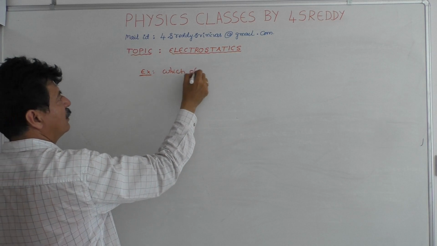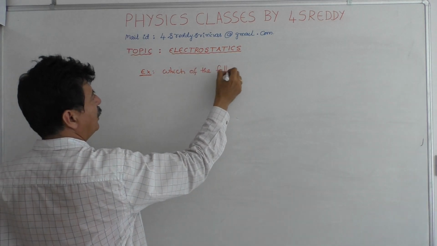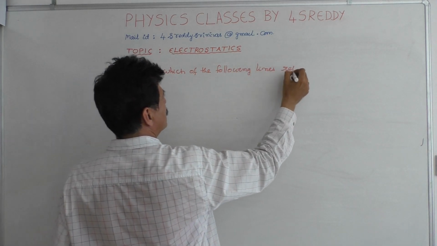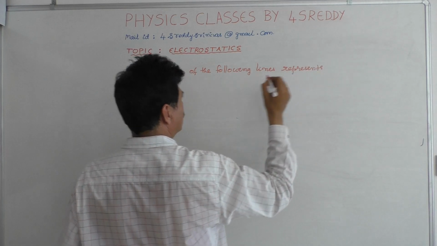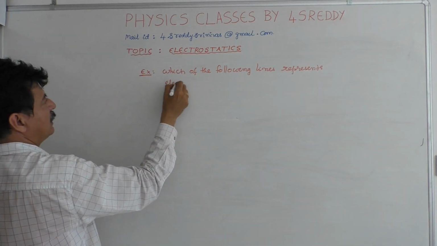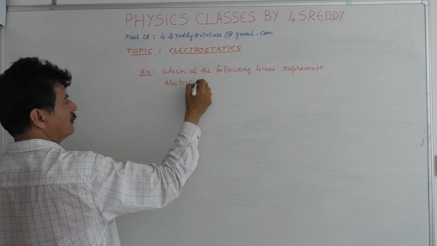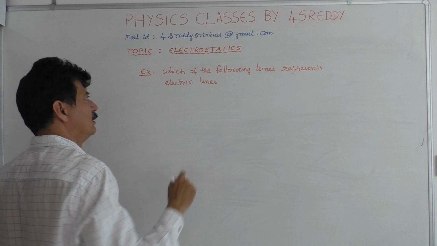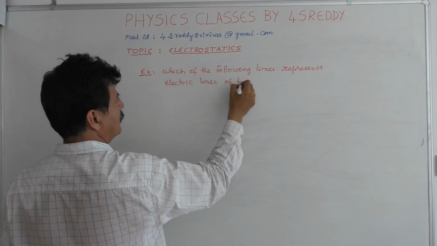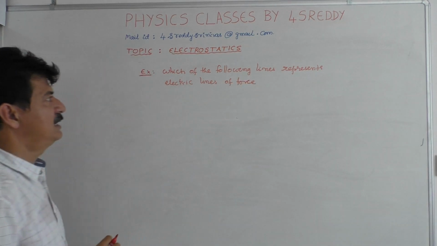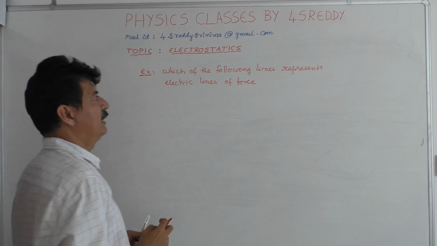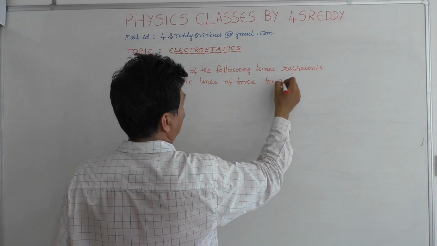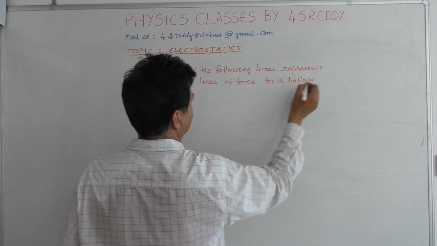Which of the following lines represents electric lines of force for a hollow spherical conductor?